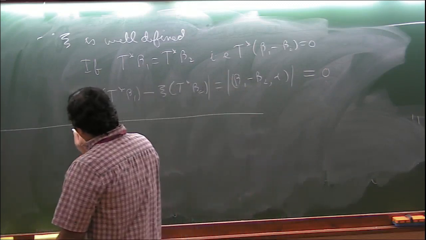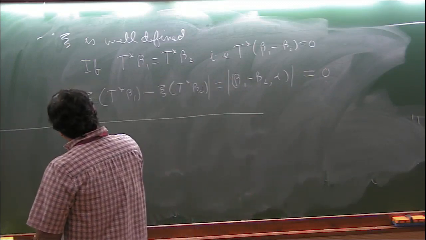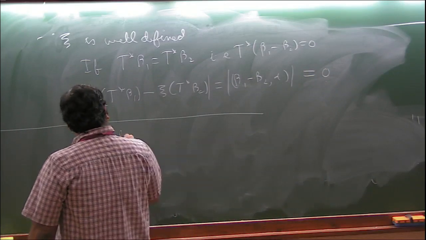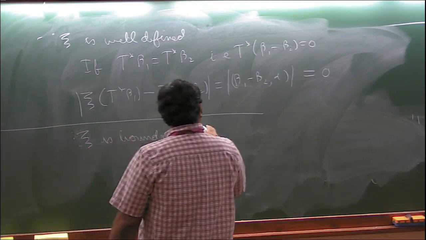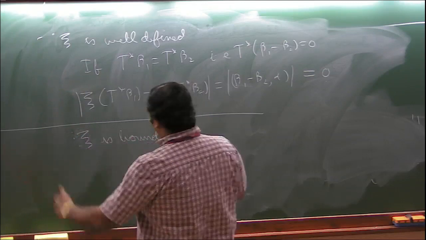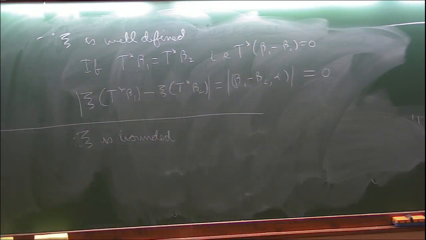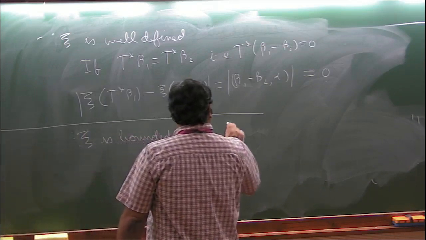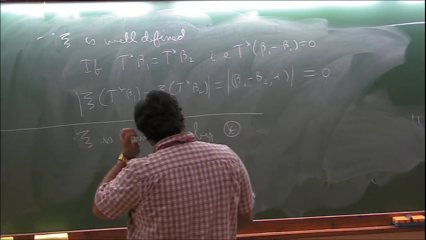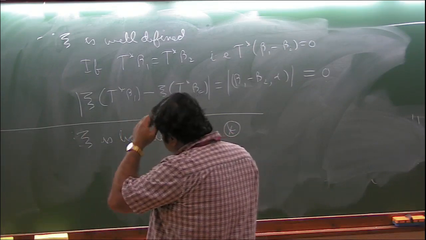The second most important thing is this xi is bounded. That is obvious because of that inequality. So I'll give this inequality a name. Xi is bounded by star.